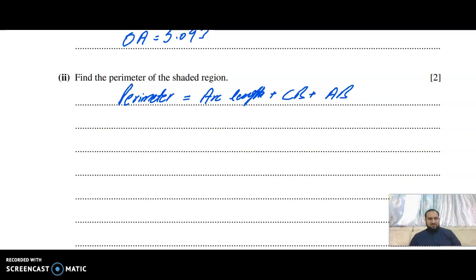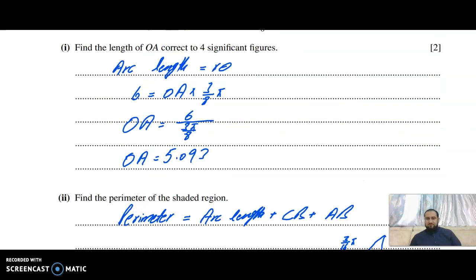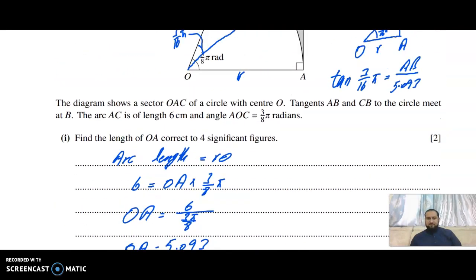As we just discussed, we form a right angle triangle. This is OAB, this is r, 5.093, and this angle is 3 by 16 pi.